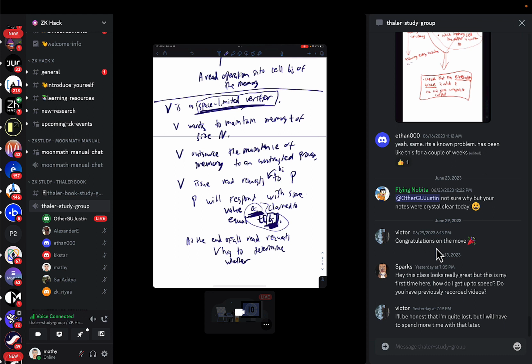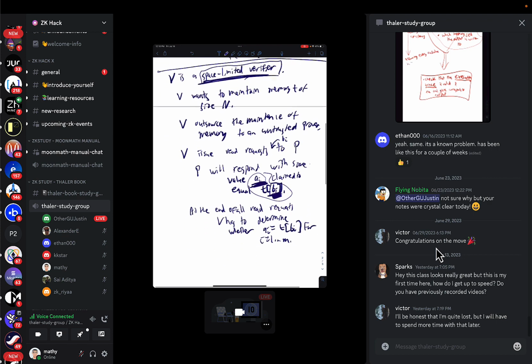So whether indeed AI equals T of BI for all I. And we want a verifier that's only going to store, let's say, 2 field elements or something like that. So a very space limited verifier that still somehow has to make this determination at the end. Okay. Any questions about that?